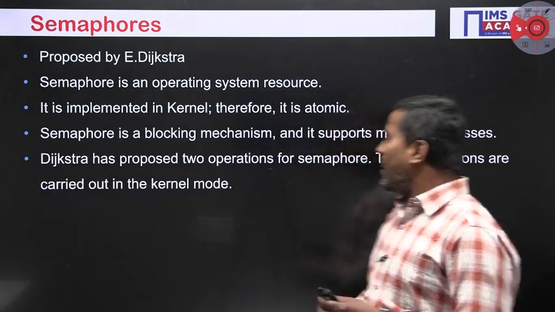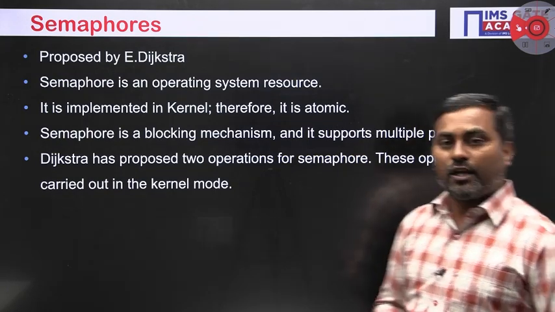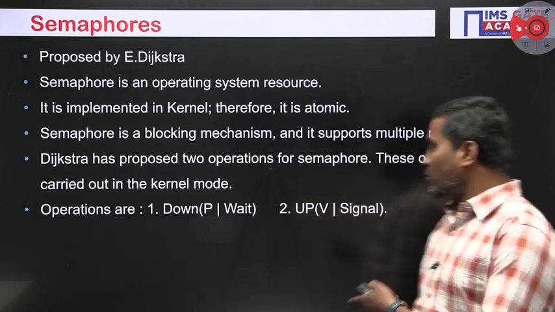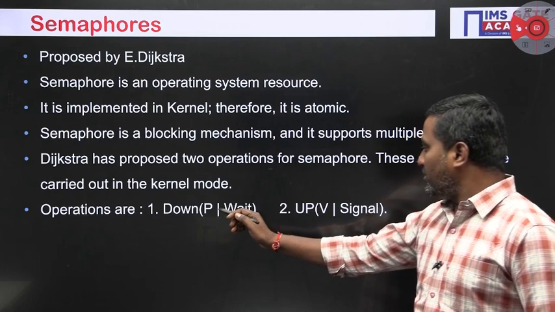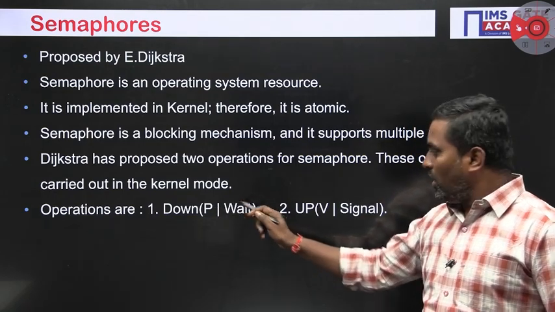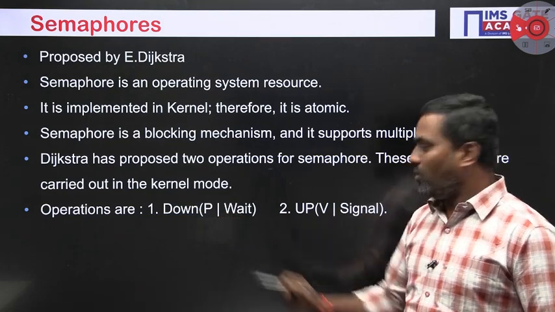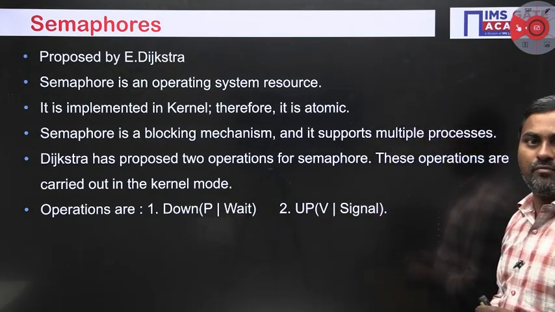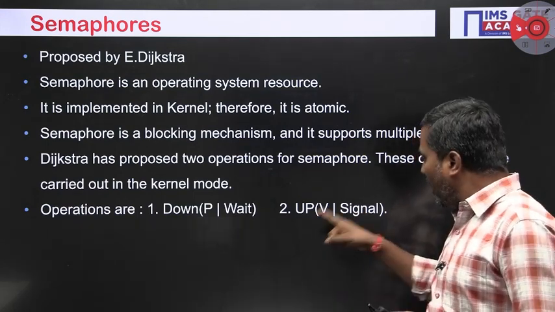Dijkstra proposed two operations for semaphore. These operations are carried out in kernel mode only. What are those operations? The down and up operations, or we can say P operation, or wait. So you can use either down, P, or wait; all are the same. Similarly, you can use up, V, or signal.